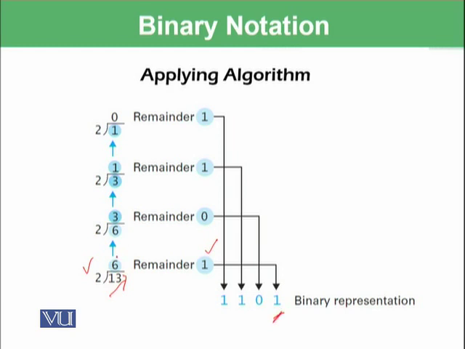Then we form 6. 2 threes are 6, we form 0, which is here. 2 ones are 2, 1 is the remainder, which goes here, and this one is going upward. 2 zeros are 0, so 1 is the remainder, and that one is coming here. So 1 1 0 1 forms 13 in the binary notation.